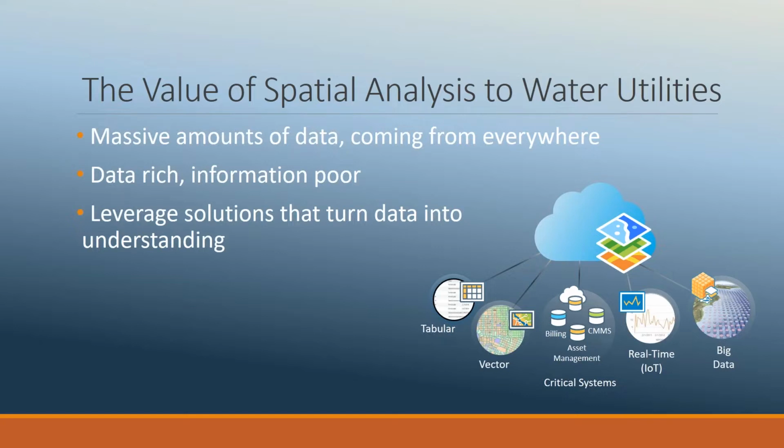So you've got your vector-based data and your tables of attributed information, but you've also been bringing in other sources such as data from critical systems, such as asset management or billing systems, and brought that to augment your GIS-based asset data. A lot of utilities are also embracing real-time data from the Internet of Things. You're connecting to sensor-based data and interacting with things in more real time.